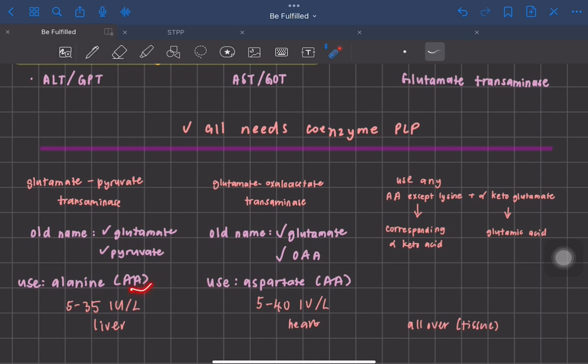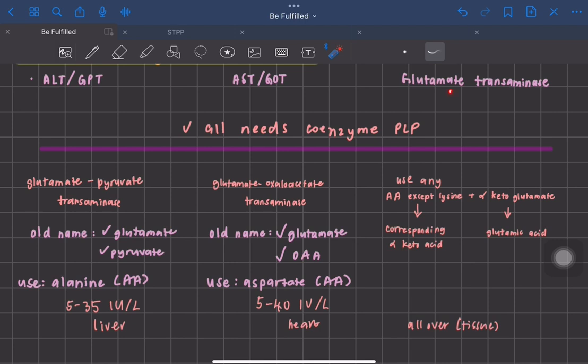Tadi kan kita cakap amino acid will turn into another type of amino acid. Okay. And then for AST, kita akan menghasilkan glutamate dan juga oxaloacetate. OAA ni singkatan untuk ni, oxaloacetate. And then we use amino acid dipanggil aspartate.